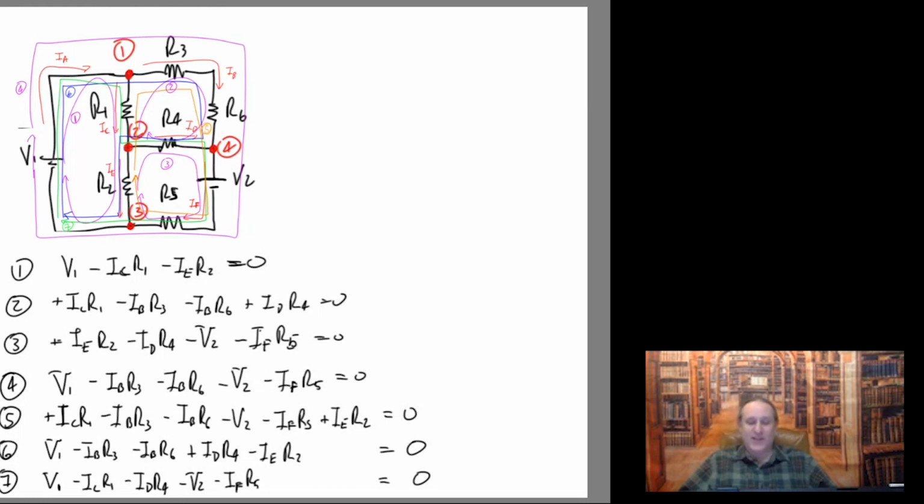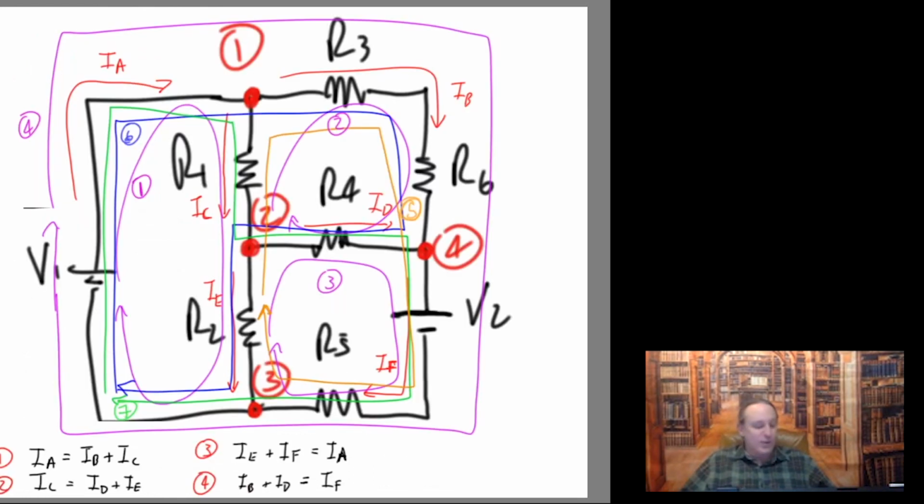If I'm looking at these, I would probably prefer not to use equation 5 or even 4, 6 and 7. I'd probably stay away from all of those, and I might try to use equations 1, 2, and 3, and then 3 of my loop laws. But it may be that there's only 2 independent equations here, and I need to use 2 of those and 4 of the other ones.